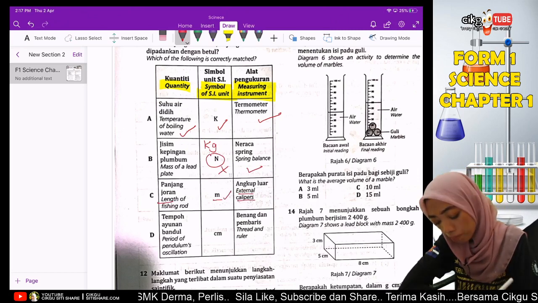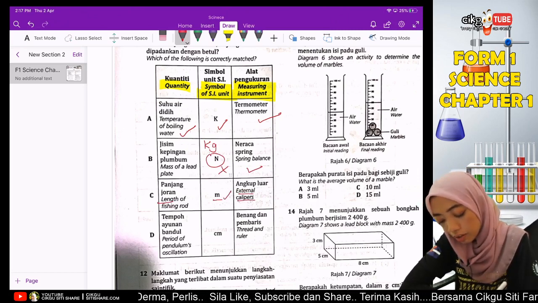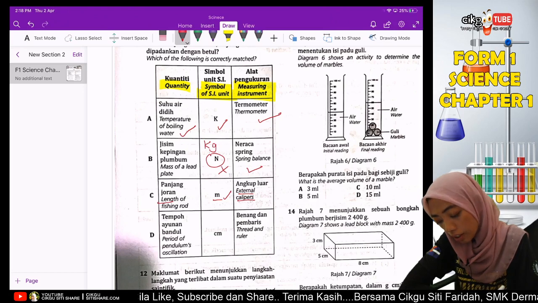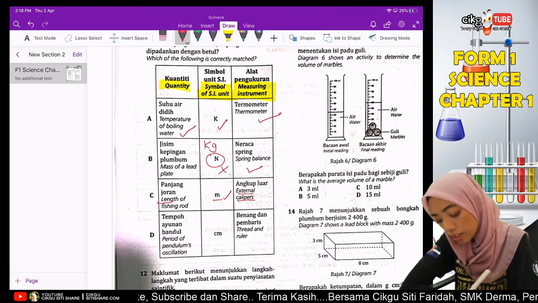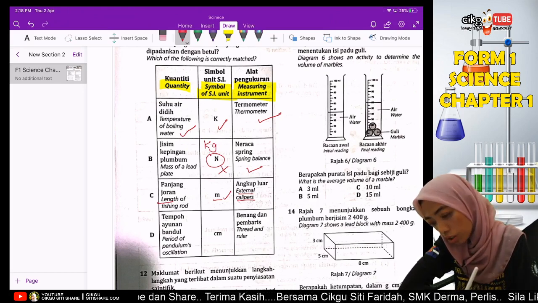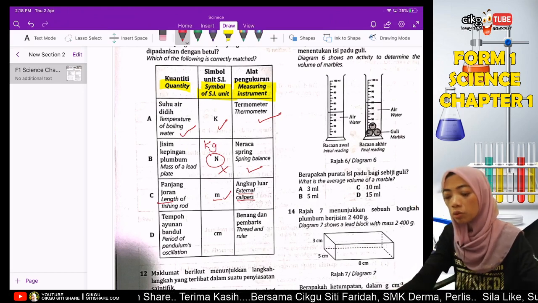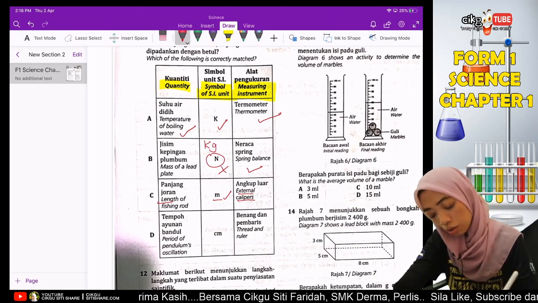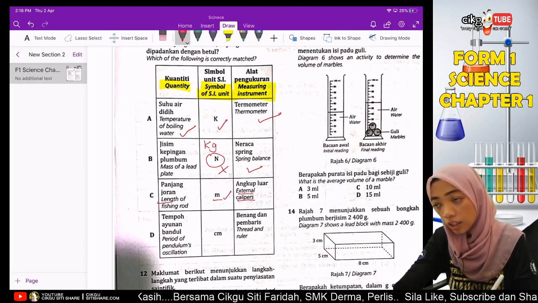External caliper. Length of fishing rod. I think for the length of a fishing rod, we use a meter ruler. Okay. So let's look at D.